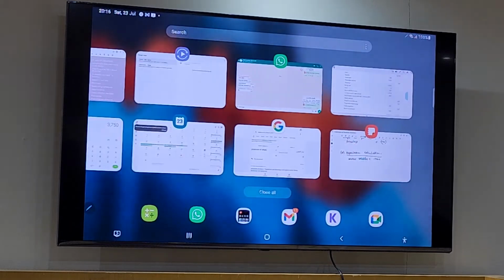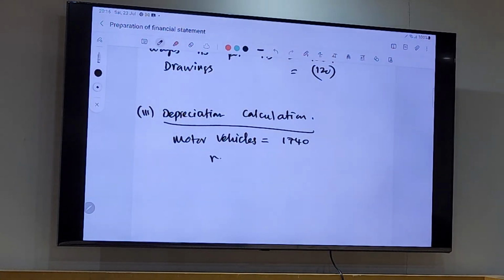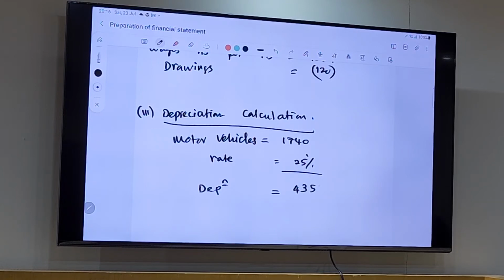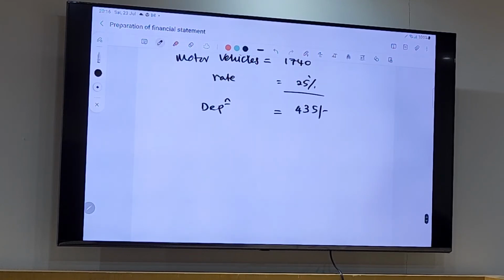And the depreciation rate? 25. So how much is the depreciation? 435. Now what is the double entry for this? Okay, wait. I will do the furniture also.